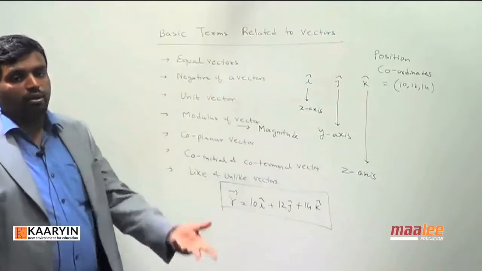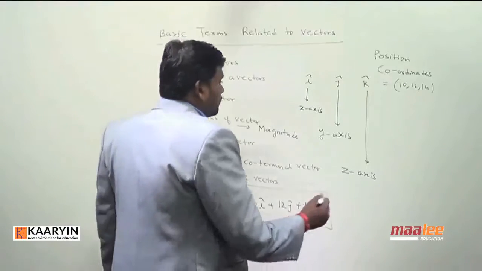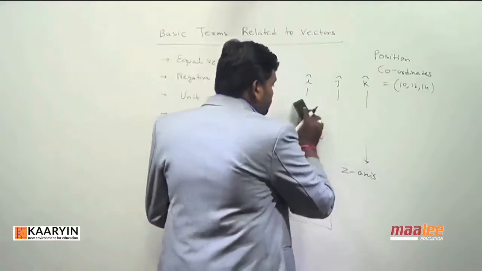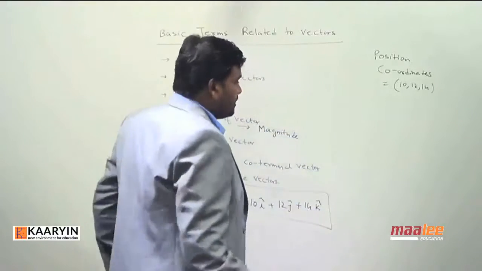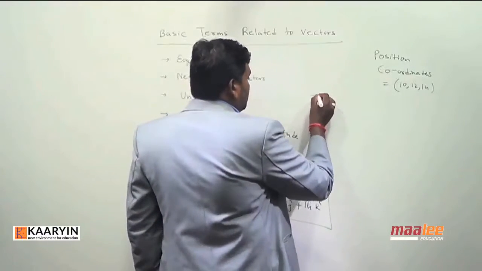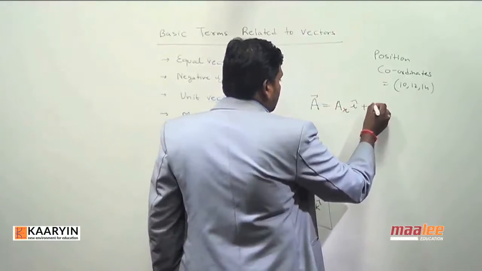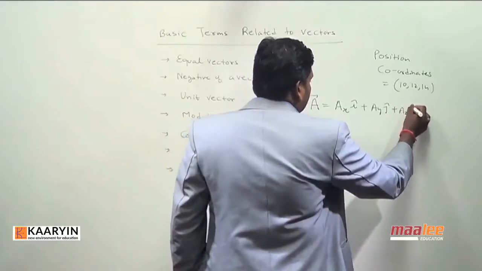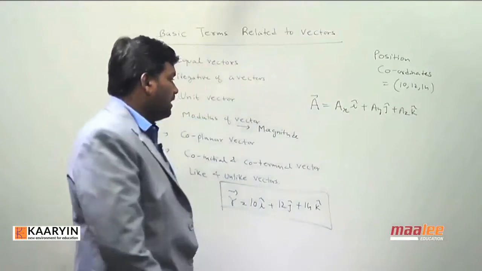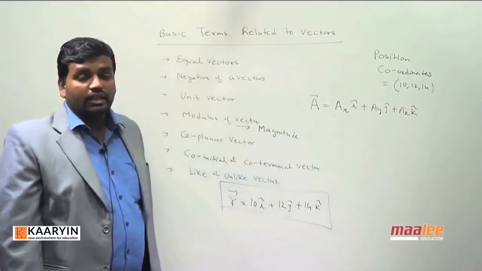So, how to find modulus of vector? For modulus of vector, the relation is: suppose a vector A is written in 3D form, A is equal to Ax i cap plus Ay j cap plus Az k cap.